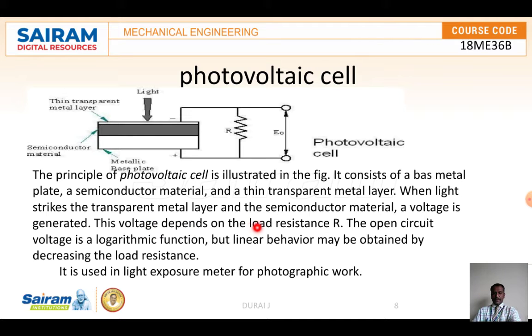The voltage depends upon the load resistance R. The open circuit voltage is a logarithmic function, but linear behavior can be obtained by decreasing the load resistance. It is used in light exposure meters for photographic work. Okay, so this is about the photovoltaic cell.